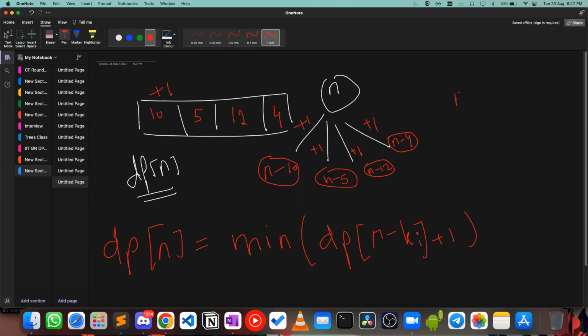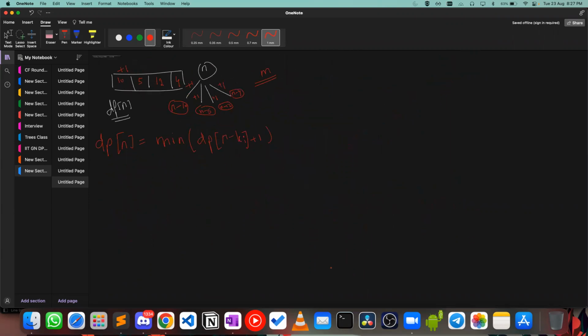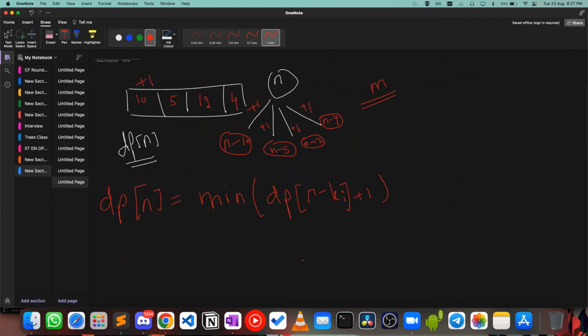So if let's say you had m denominations available with you, then how many choices are you considering? If you have m coins, how many choices are you considering to make a sum of n? You have m denominations. How many choices do you have here to construct n? You have m choices, exactly, because that's how you can relate it to smaller subproblems.